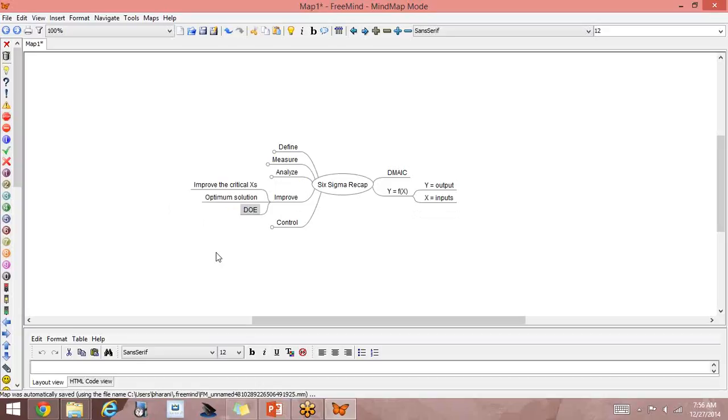Whatever your input is, suppose daily labors is one critical input that you have identified, which is going to impact your profits. Then you try to change the numbers. You'll have only one worker, you'll see what the output is, two workers, what the output is, three workers, four workers. You increase the number of workers to 5 and see what the output is, right?